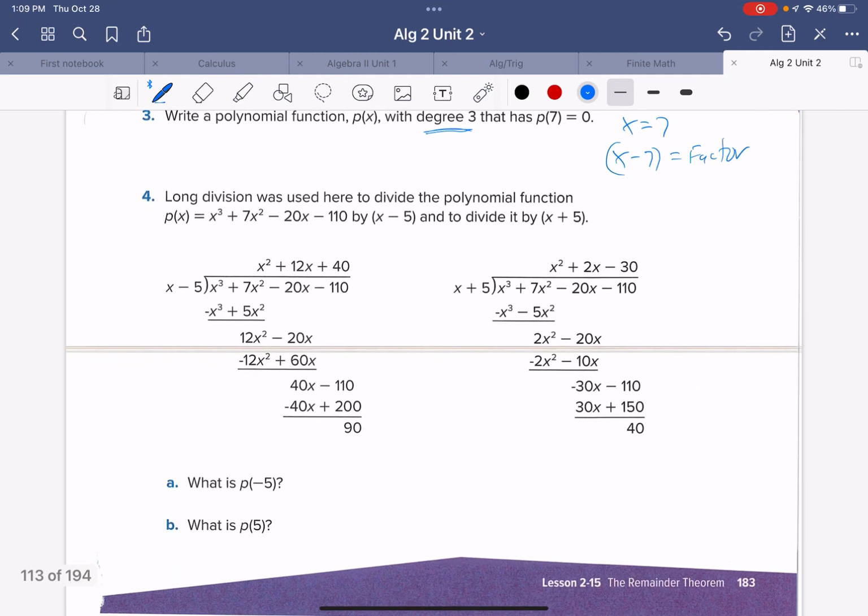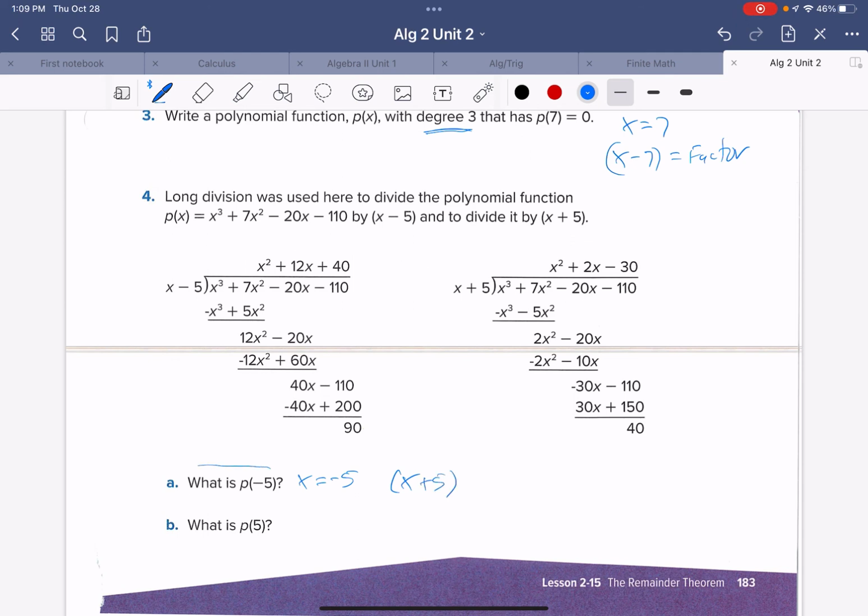Number 4 is kind of matching. So here, if it's negative 5, so if x is equal to negative 5, that means that it's related to the linear factor x plus 5, right?